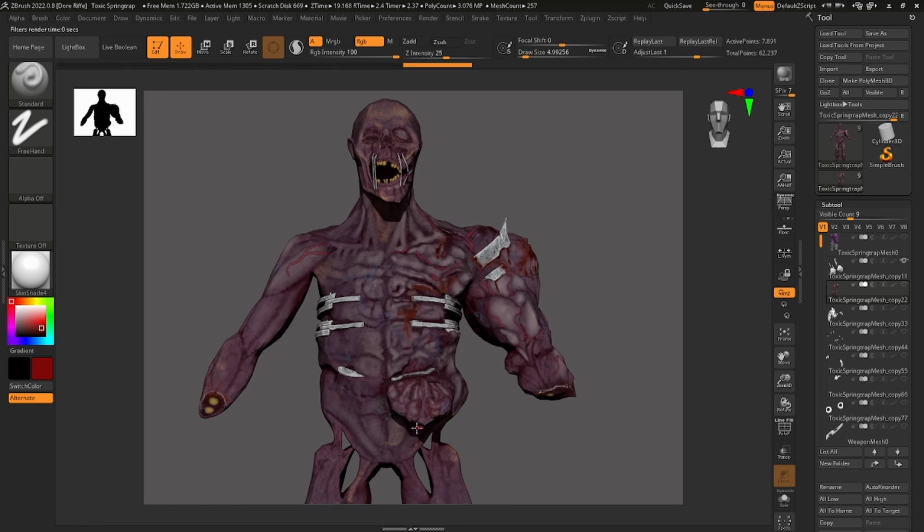So here's the bottom of his Adonis girdle, the pelvic muscles. So his diaphragm, I think, is right here.